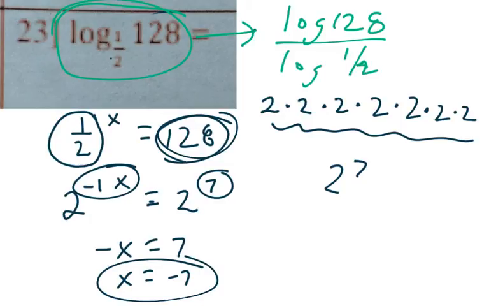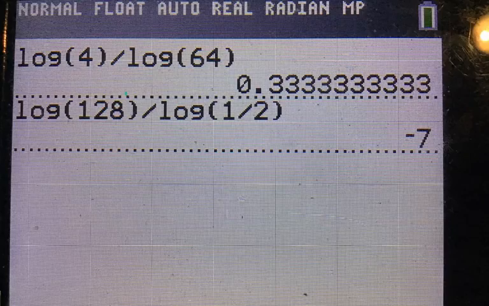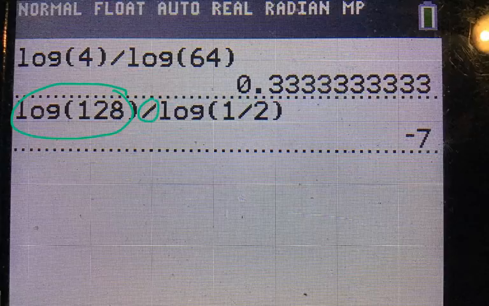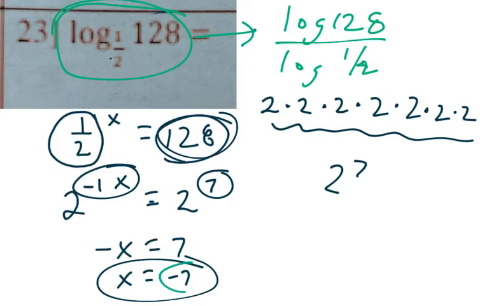That's how I'm going to do it on my calculator, right? Well, the log of 128 divided by the log of 1/2, use those parentheses now, is negative 7, just like we got right there.